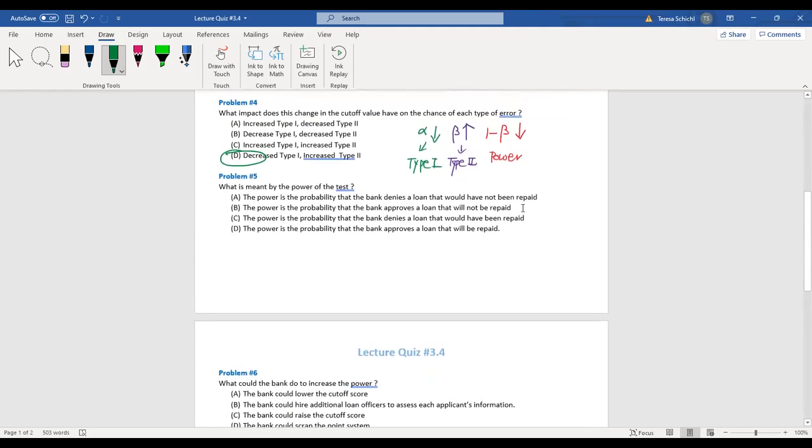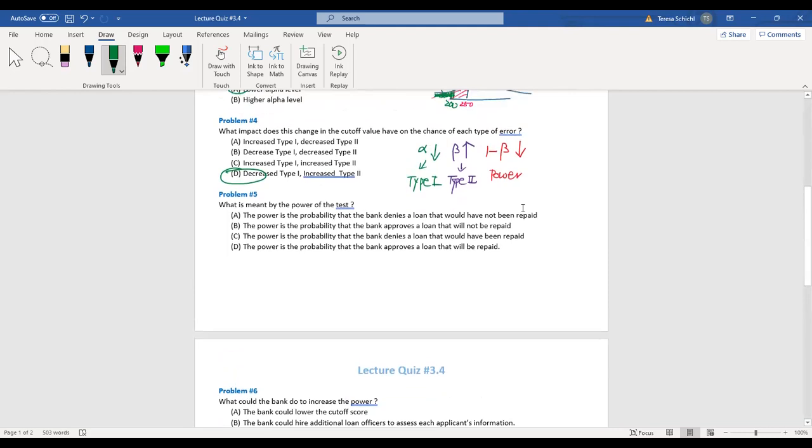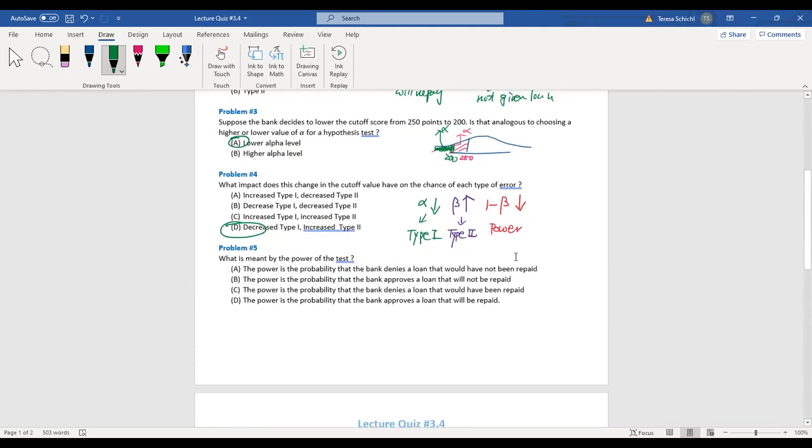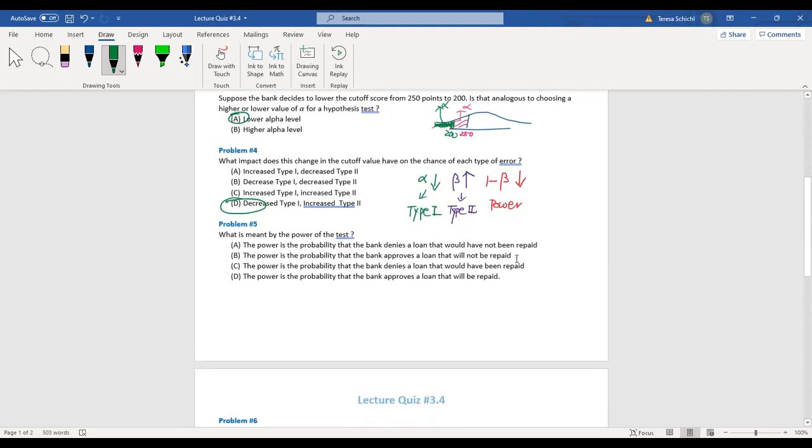Okay, so now let's take a look. What is the meaning of the power? Let's write down the statistical definition of power. The power means when H0 is false, we correctly reject H0, right? That's the statistical definition.